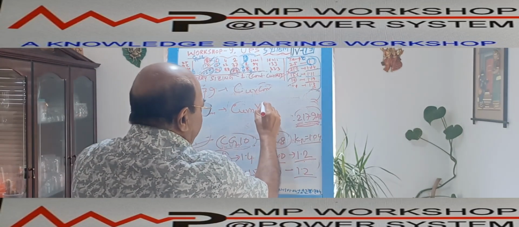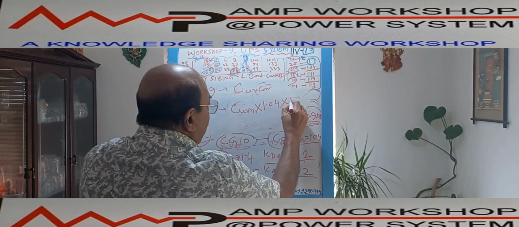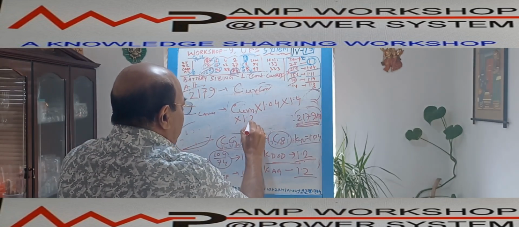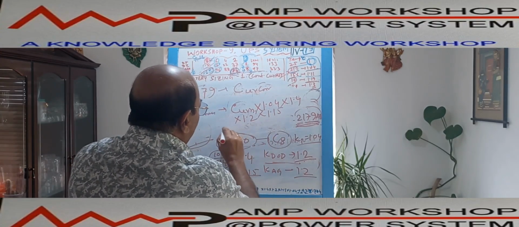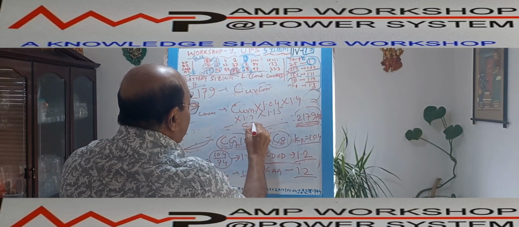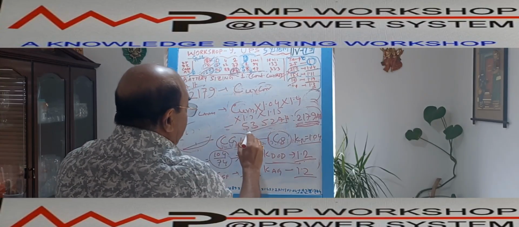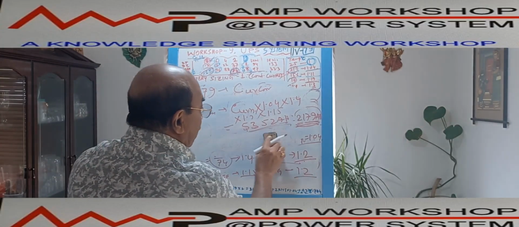First I multiply the temperature factor 1.04, then the rate of discharge factor 1.4, then the depth of discharge factor 1.2, then the safety margin 1.15. If I multiply all these, it will give 5352 ampere hour capacity of this battery required. Okay, that will come to 5253 ampere hour considering all these factors.